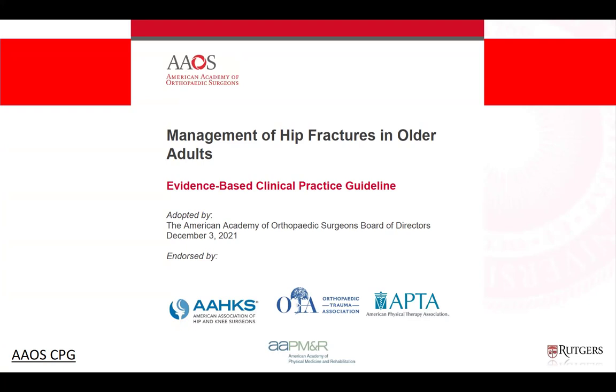One is that it's endorsed by a lot of the major orthopedic organizations, AAOS, OTA, as well as physical therapy and PM&R organizations. The Joint Commission loves these guidelines, as I'm sure Kai will talk about. And they also do a really good job of organizing all of the vast information that's available about hip fractures and outcomes into one consistent grouping.